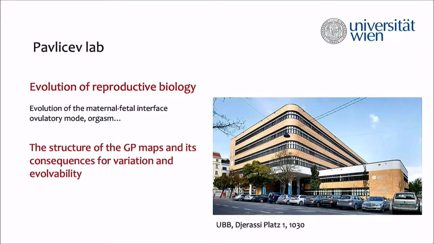But a lot of what we do has to do with reproductive biology, and I'll show you one study today that not very strongly, but already starts connecting these things.